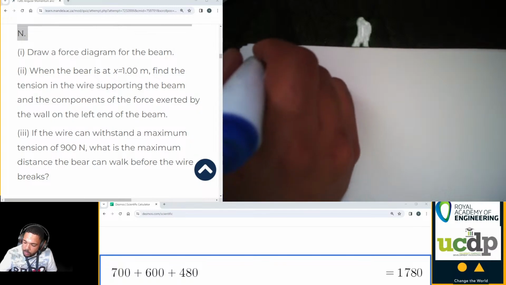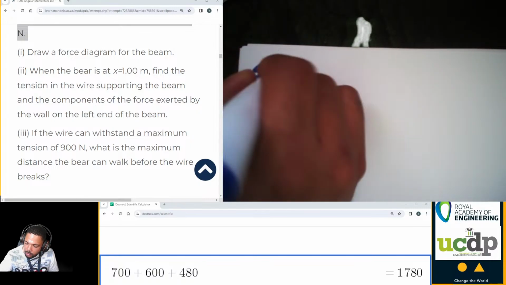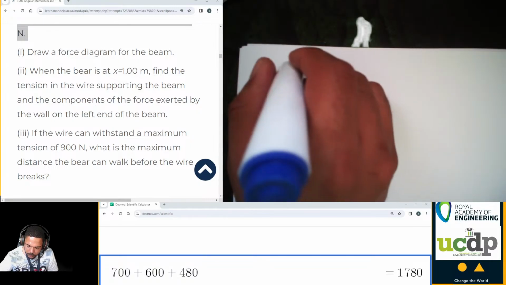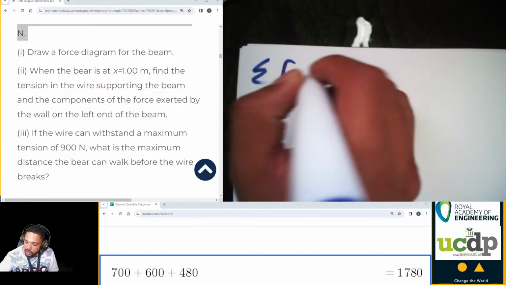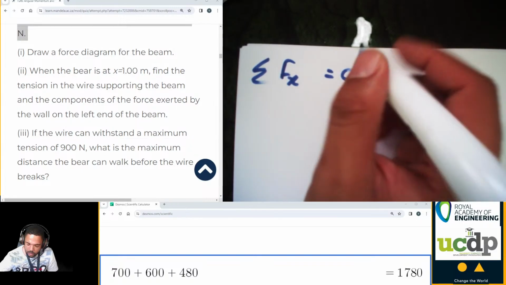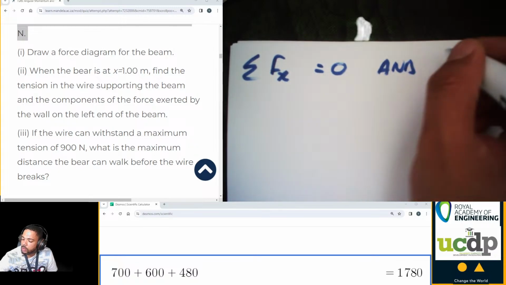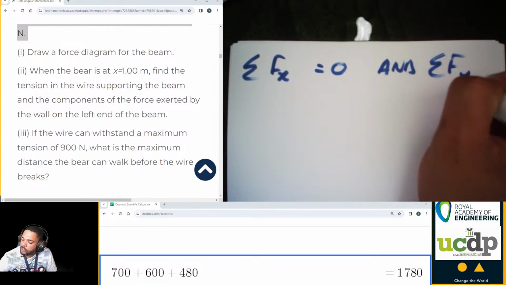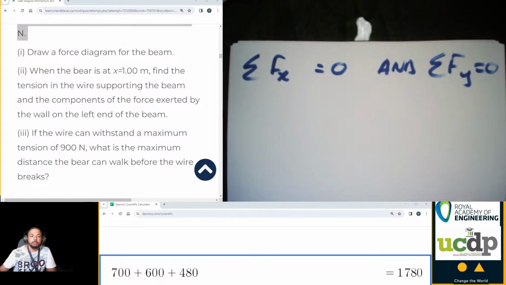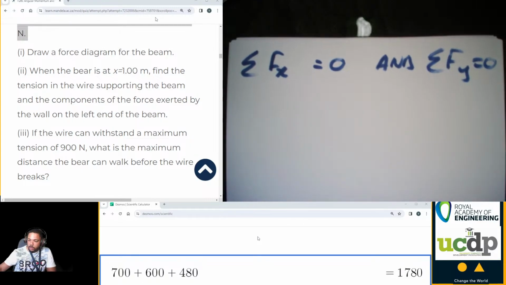Now the sum of the forces in the x direction is equal to 0, and the sum of the forces in the y direction is also equal to 0 because the beam is perfectly balanced.